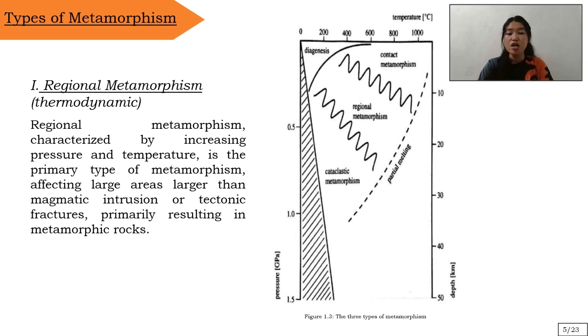Characterized by increasing pressure and temperature, it is a primary type of metamorphism affecting large areas, rather than magmatic intrusion or tectonic fractures, primarily resulting in metamorphic rocks.